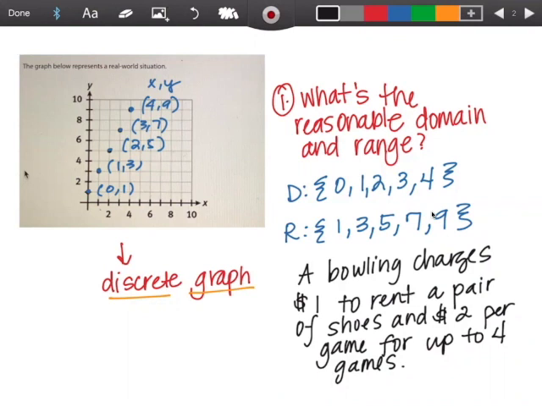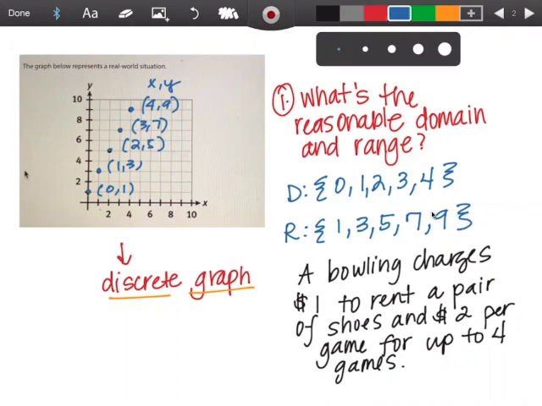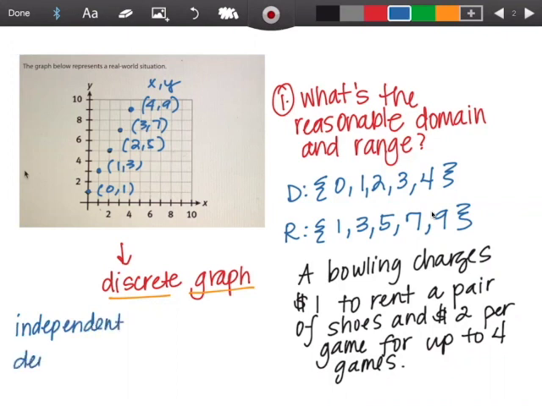Now, when we're looking at our independent and dependent variables, remember, in this particular situation that I just described, a bowling alley, the number of games would be the x values, and the amount charged would be the y values.